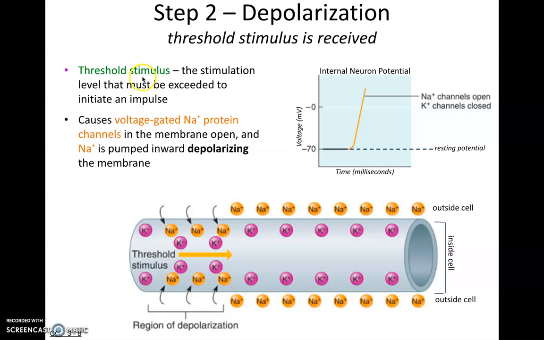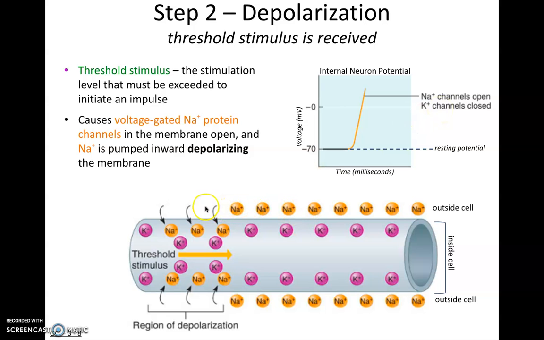So that stimulus allows for the voltage-gated sodium ion protein channels to open up, and sodium ions are pumped inwards. So we're depolarizing the membrane. And I want to point out to you over here, it says sodium ion channels open. However, the potassium ion channels remain closed.